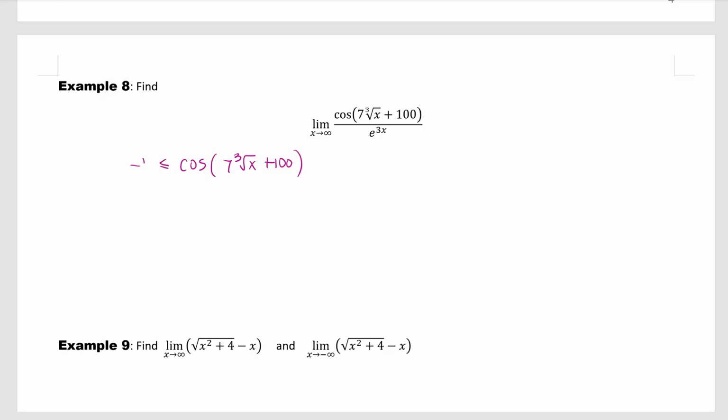So this guy is bounded between 1 and minus 1. And then how to get to our formula? We divide each term by e to the 3x. And because e to the 3x is always positive, that's why we don't need to change the inequality.